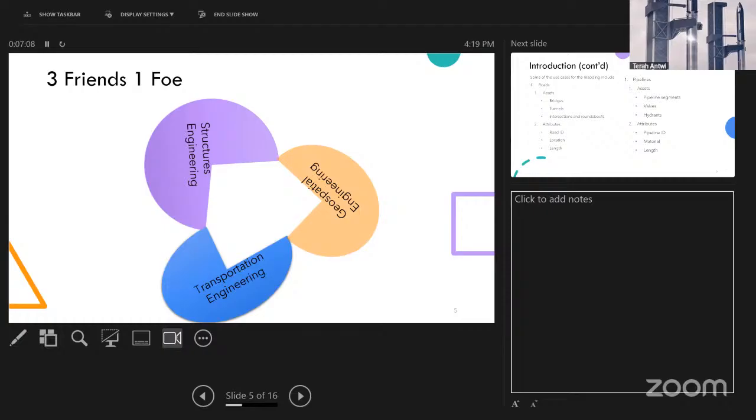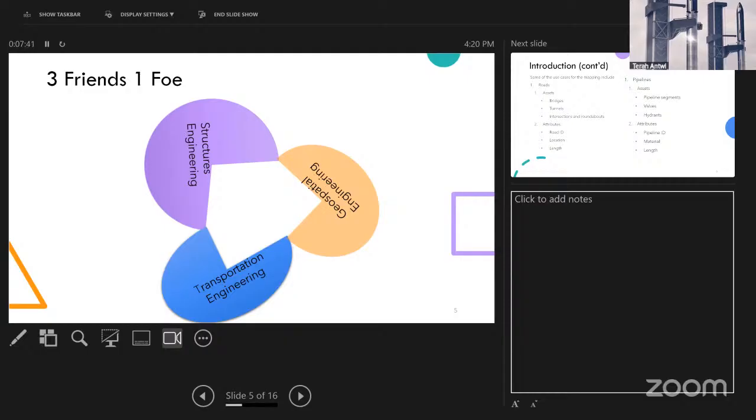In order to address this foe, three main fields come together to help us fight the enemy. In modern structural engineering, we have structural health monitoring, condition monitoring, and non-destructive evaluation techniques. All these can help you in infrastructure mapping. Then geospatial engineering comes in handy for management and analytics.